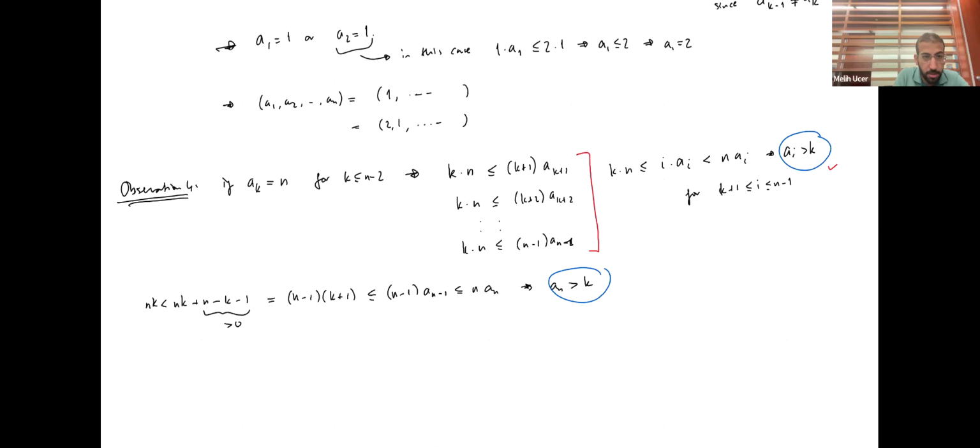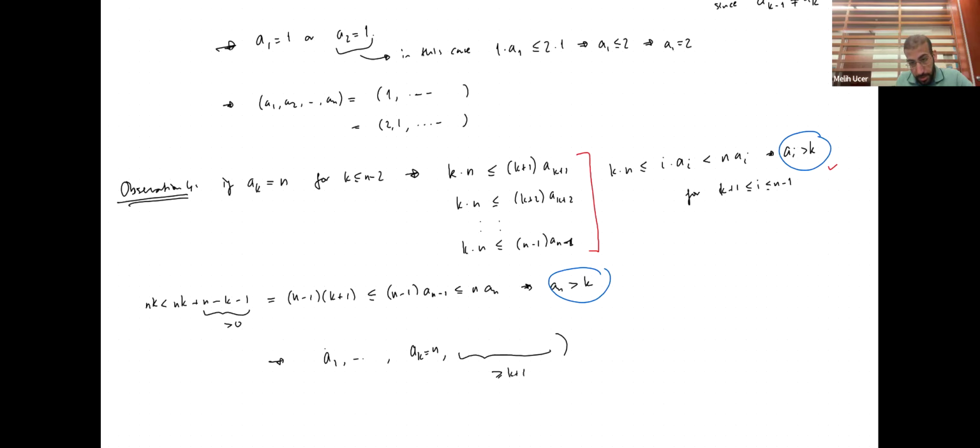So in the permutation, we said A1, A2, so somewhere if we have n, then all of these numbers are greater than or equal to k plus 1.